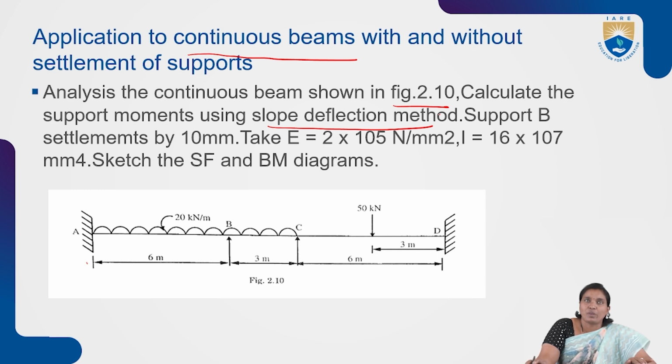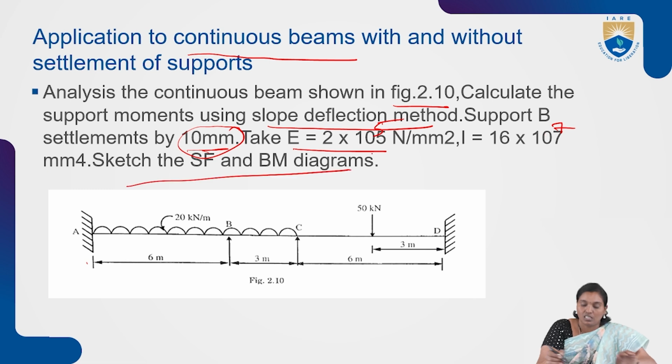Support B settles by 10 mm; take E equal to 2 into 10 to the power 5 Newton per mm square and I equal to 16 into 10 to the power 7 mm to the power 4, and sketch the shear force and bending moment diagrams.